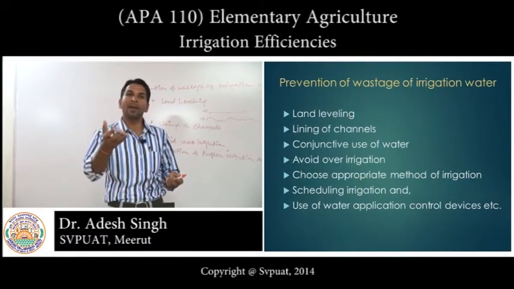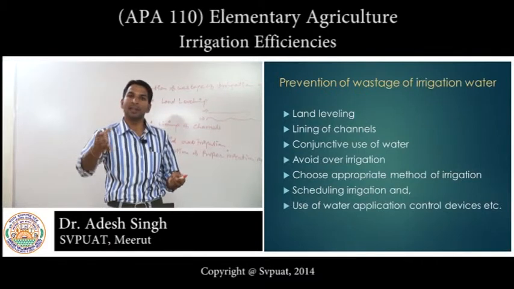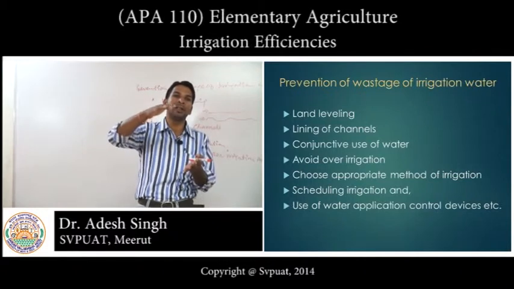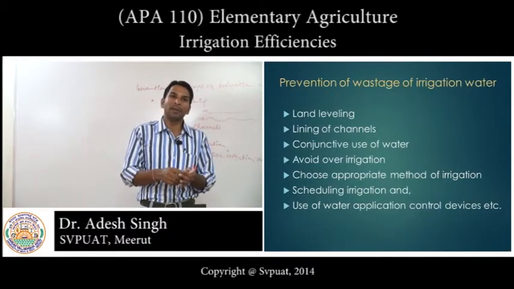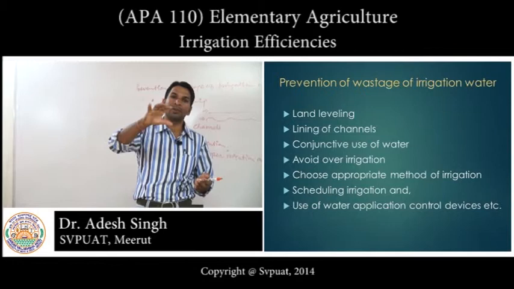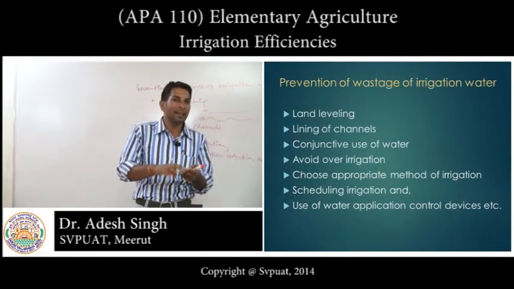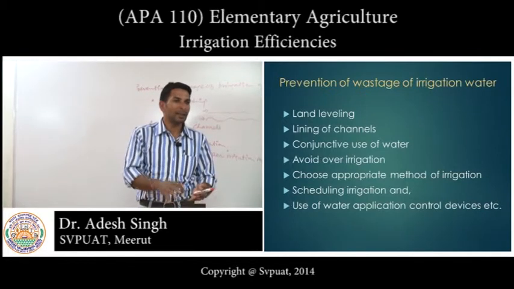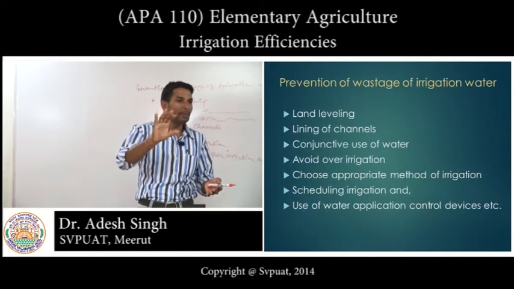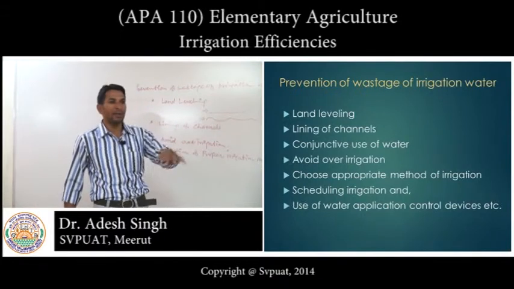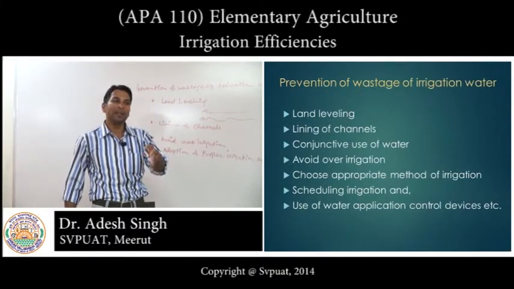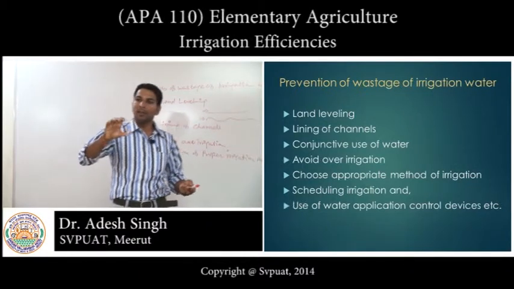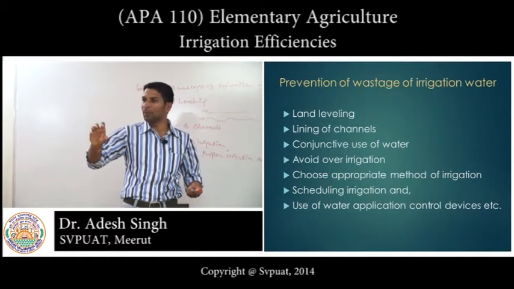So this requires more water, which is not actually utilized by the crop plants, because the crop root zone is limited to a certain depth. But if the soil is porous, or you can say sandiness is more, then water will move from the surface to the deeper layers within a short time. But this water goes under the influence of gravitational forces, and is not actually held within the crop root zone soil.